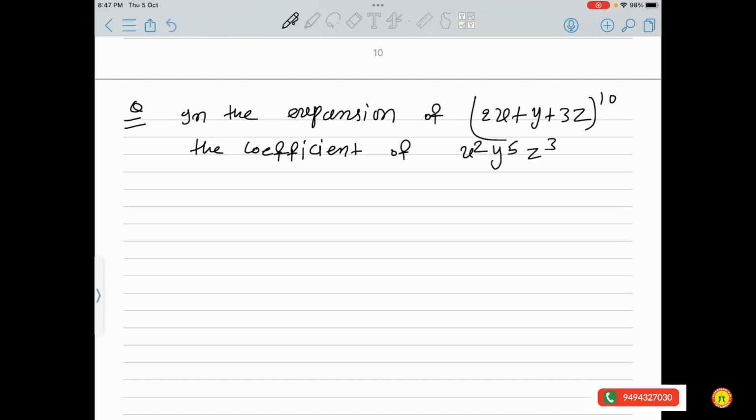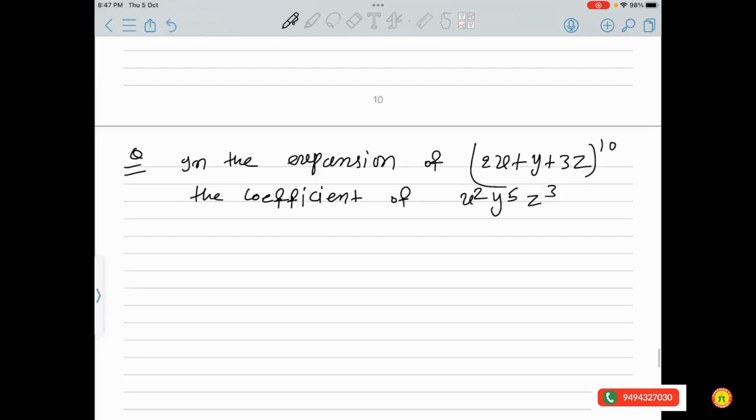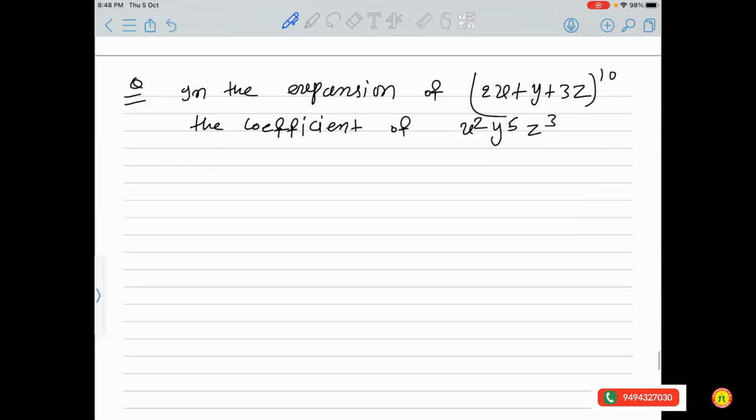Your answer will be, anyone? Anyone can answer this question? The expansion of (2x plus y plus 3z) power 10, the coefficient of x square y power 5 z power 3. So now the answer will be 10 factorial upon 2 factorial, right?